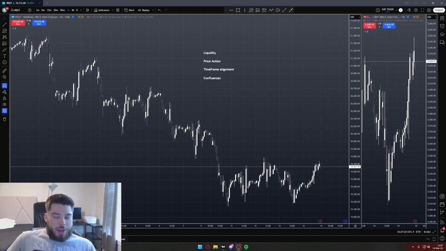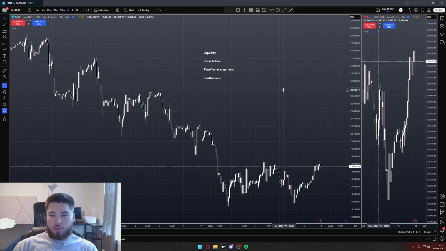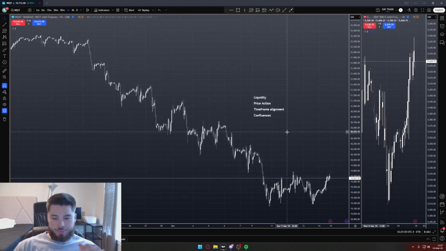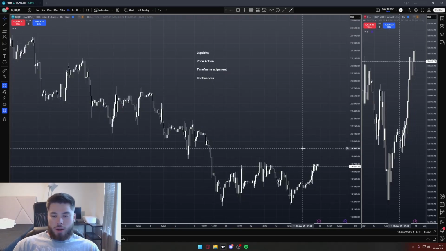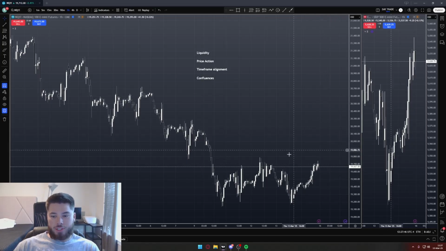I want you to think of liquidity as the asset or underlying index you're trading. So, like NQ, for instance, is an index, but I'm trading NQ futures, so index futures, right? It is resting orders that need to be filled at a price similar to what it's at right now.